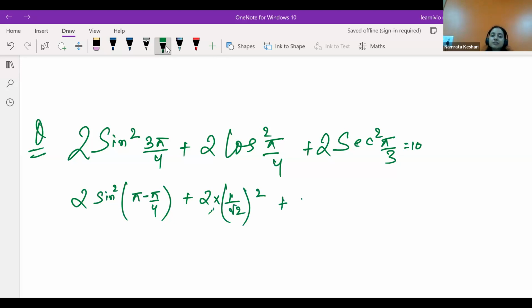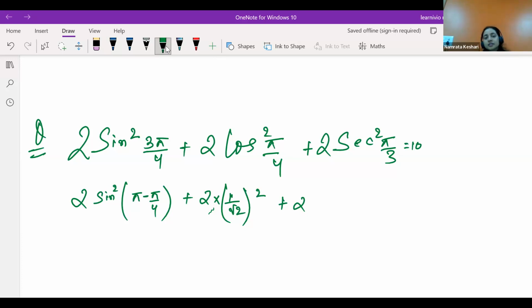Sec pi by 3 value is, pi by 3 means 60 degree.